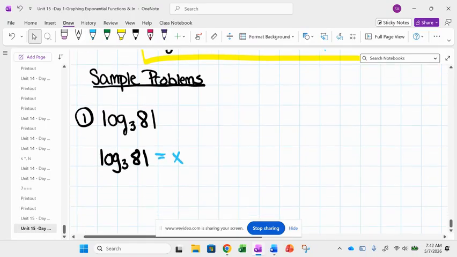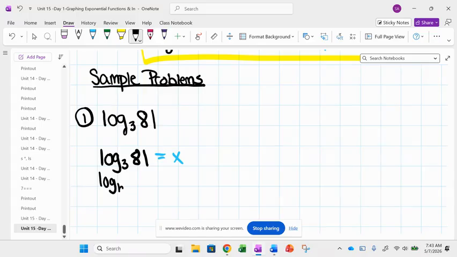Now in order to solve, or I would generally say simplify, this log, what I would do is put it back into exponential. I need to remember, if I'm putting this back into exponential, it's the log base, answer equals exponent. So what does this look like?